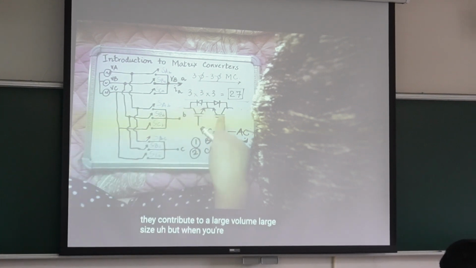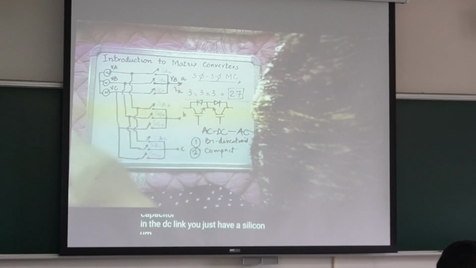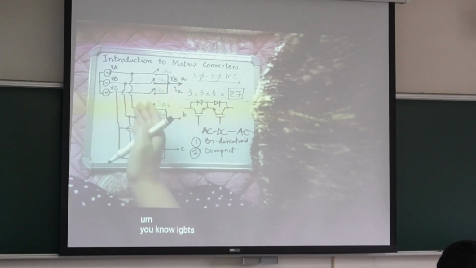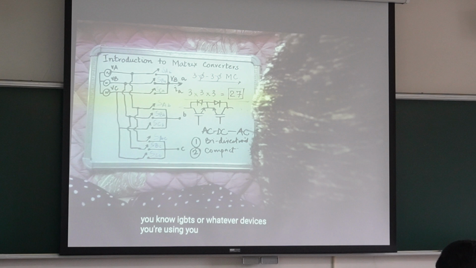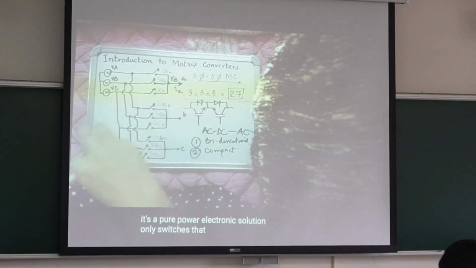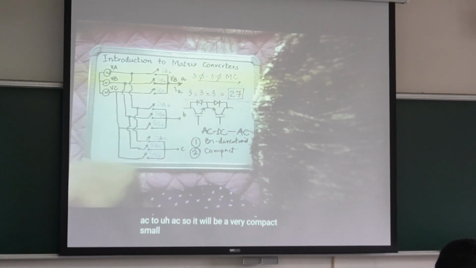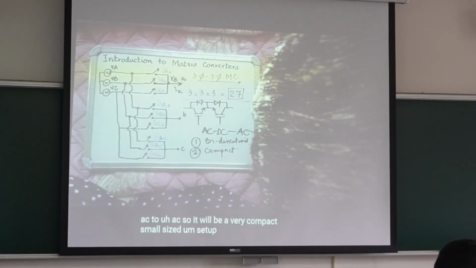So when you eliminate the capacitor in the DC link, you only have silicon power electronics devices, IGBTs or whatever devices you use, only switches that are converting AC to AC. It will be a very compact setup with a small size as compared to an AC-DC-AC converter.